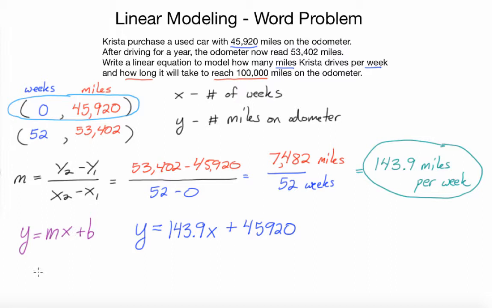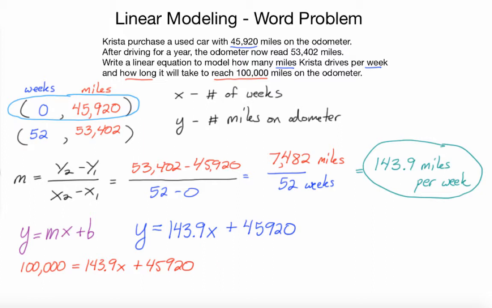So I'm running out a little bit of room here, but I'm going to write this equation: 100,000 is equal to 143.9 times x plus 45,920. And I need to solve that equation for x. It's a two-step equation, so it's not a difficult one, but I need to solve it for x to figure out, well, about how many weeks will it take.